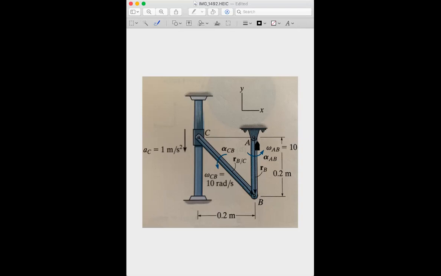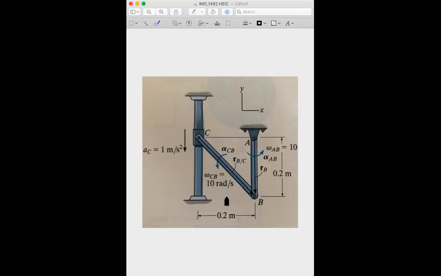We know the length of this rod, and we know the length of this rod. I apologize. This is supposed to be something we solve. So we're going to solve for this angular velocity. I took the wrong photo. I took the photo of the answer, not the original problem.